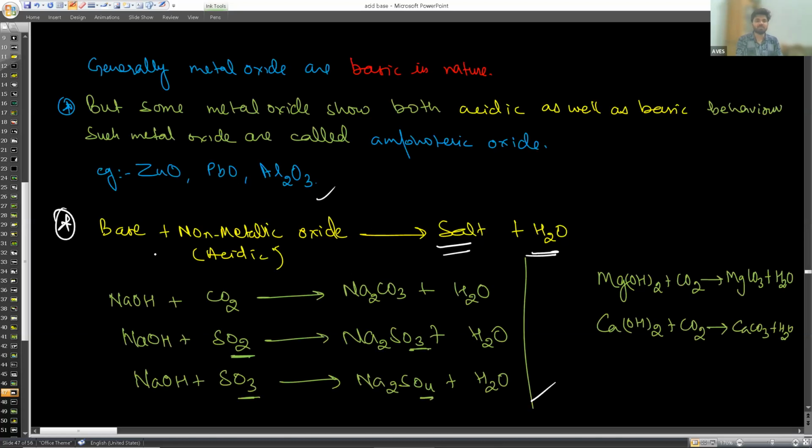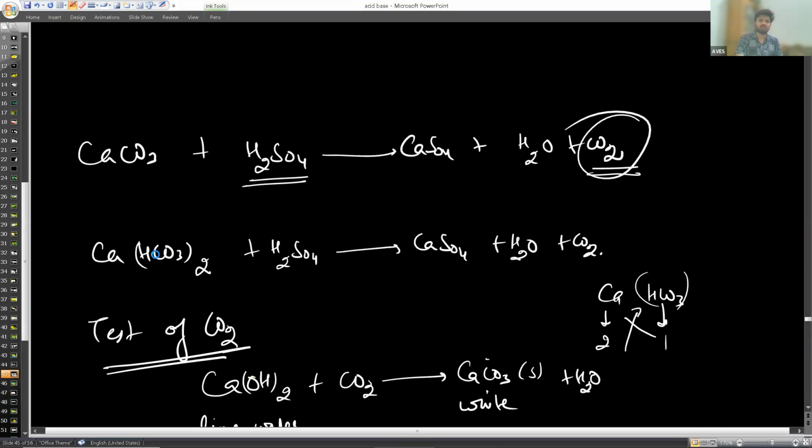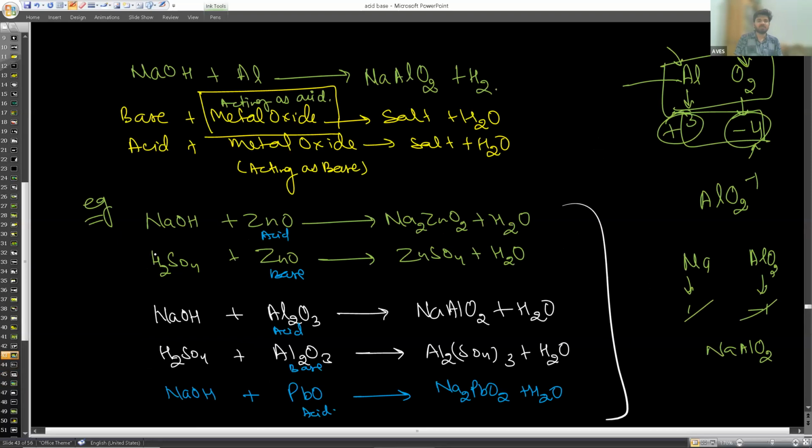So here you notice that metals when reacting with a base give you salt plus hydrogen gas. Base when reacting with metal oxide gives salt plus water, and acid when reacting with metal oxide gives salt and water. So when a metal oxide reacts with an acid, it behaves like a base, and when it reacts with a base, it behaves like an acid.